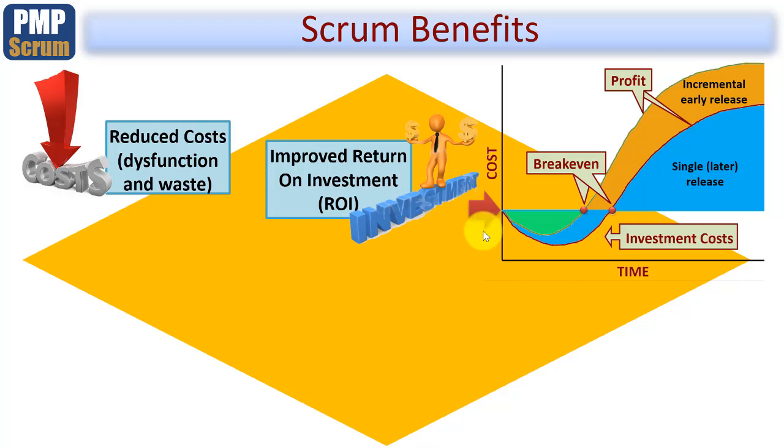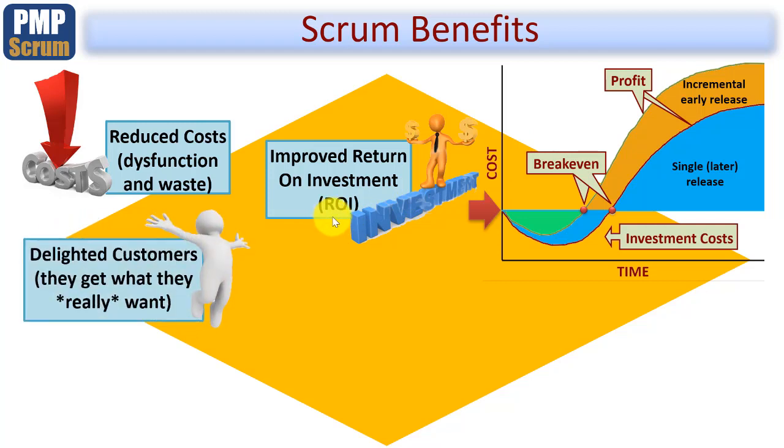In other words, now looking at the green section here, again starting at the same time as Scrum project, that too will start to cost money as each increment gets done. But because you ship early, as soon as it's able to be put into operational use, you start to pay back the investment much earlier, and therefore you break even much earlier. And then, just like a traditional project, you're now into profit, as I've shown here. Because you do several increments, you can release early, and this gives you a huge improvement on return on investment.